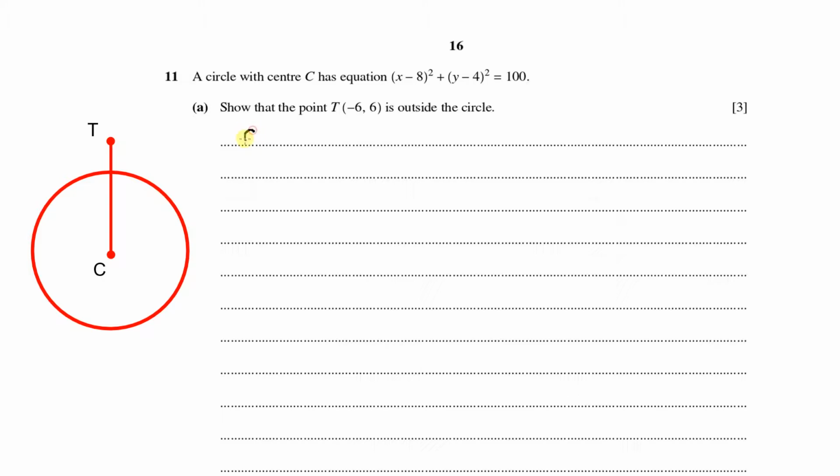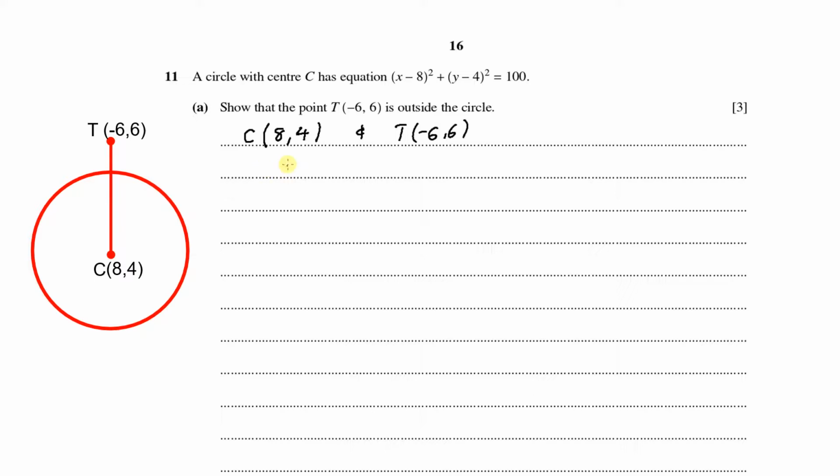Now, the coordinates of C, which is the center, can be deduced from the equation. These are minus of minus 8, so that's 8, and minus of minus 4, that's 4. These are the coordinates of C, and we have T already as minus 6 and 6.